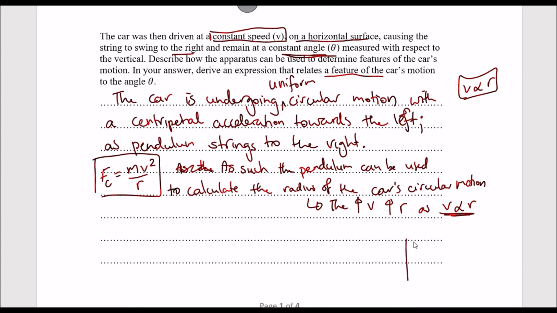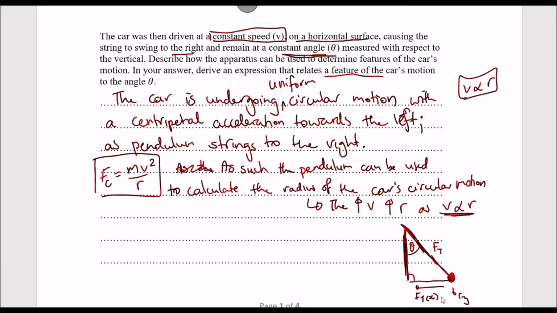Now, when we draw out the motion, this is what we get. We get theta. This is our pendulum there. We have the weight force pulling it down. We have the tension force. We know that the thing that actually affects its centripetal motion is the horizontal component of our tension force here.